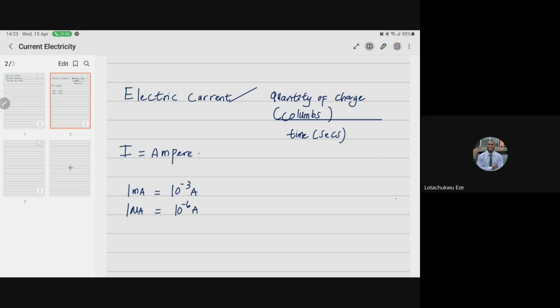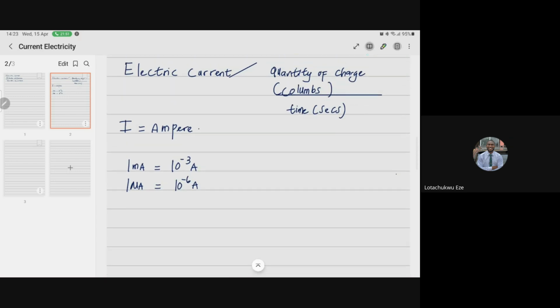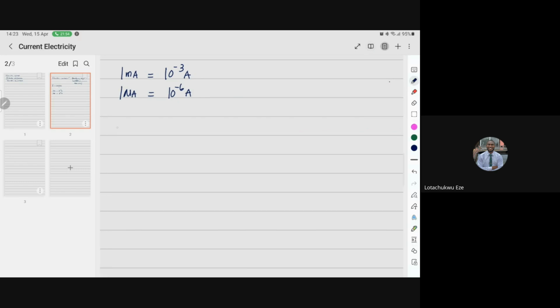All right. So in terms of the instruments, we'll have the galvanometer, and then we'll have the ammeter. Now the key difference between the two, remember what I said?